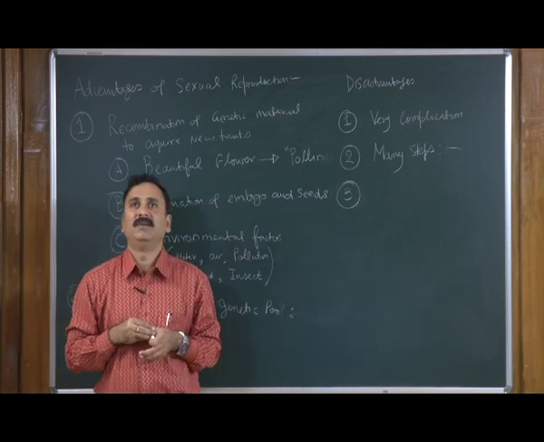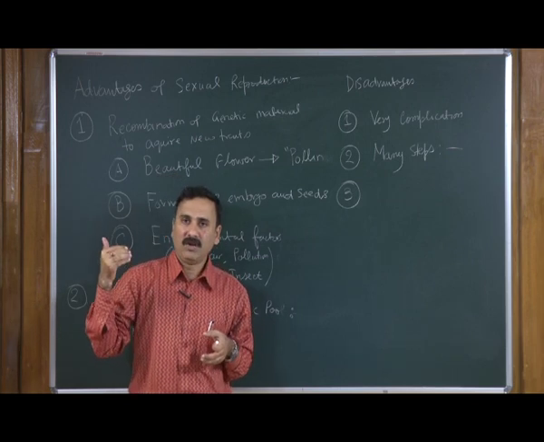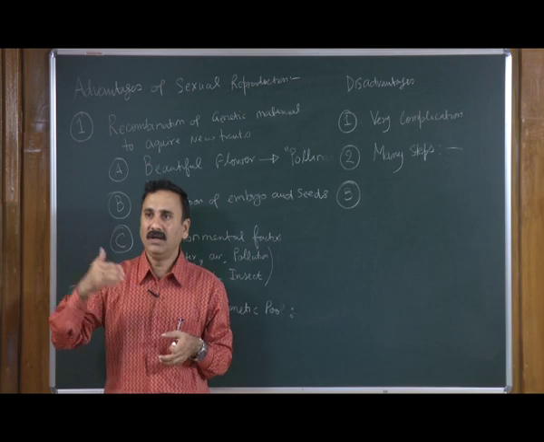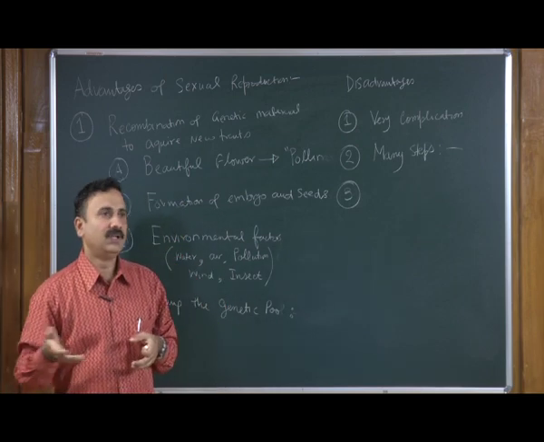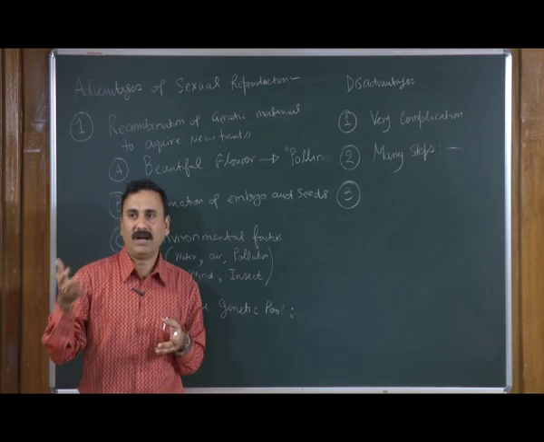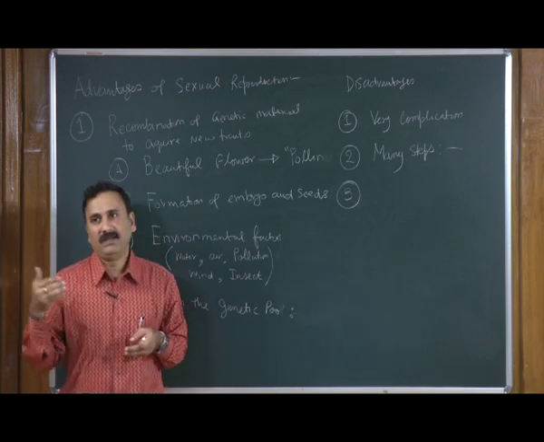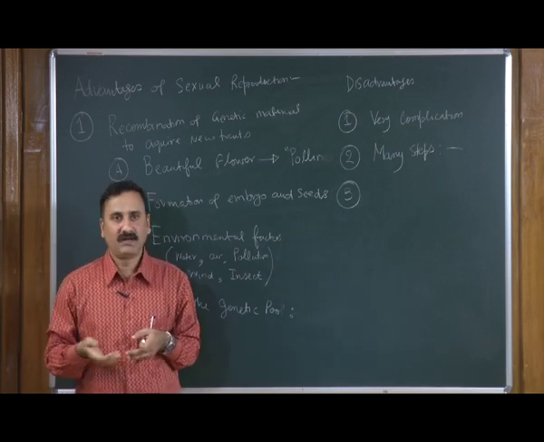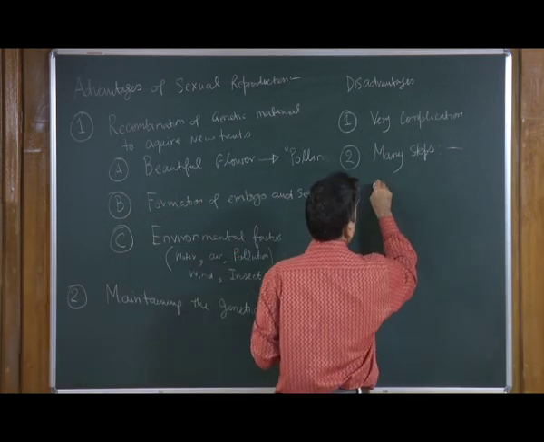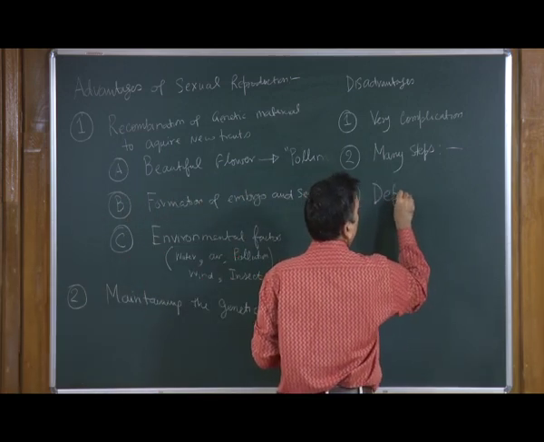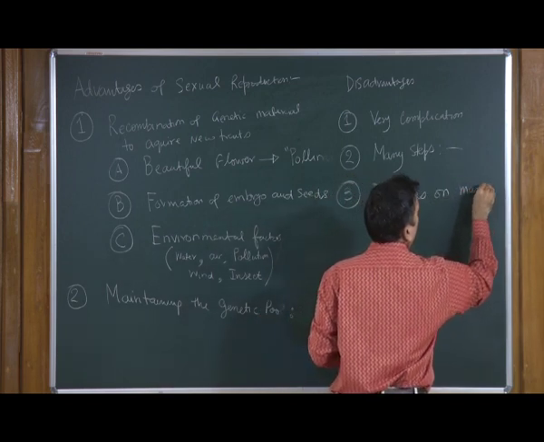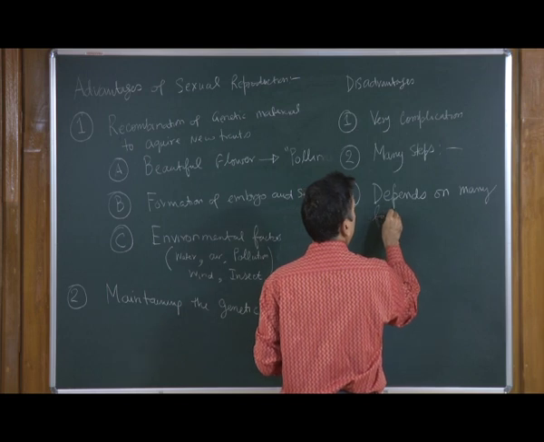These kinds of processes will always be dependent not only on the plant, it always depends on the factors which are working around the plant, for example, the insects, animals and other kinds of environmental factors. So, that is how it actually depends on many factors.